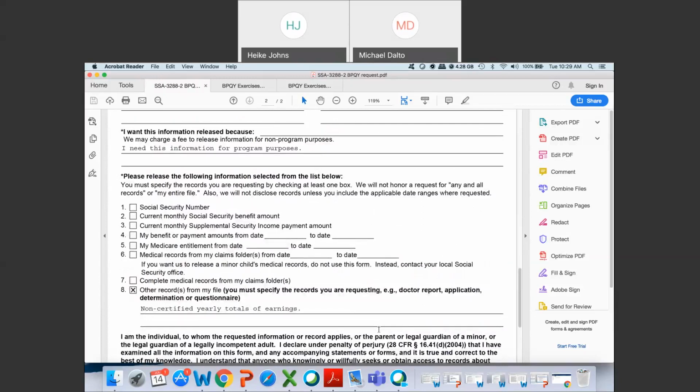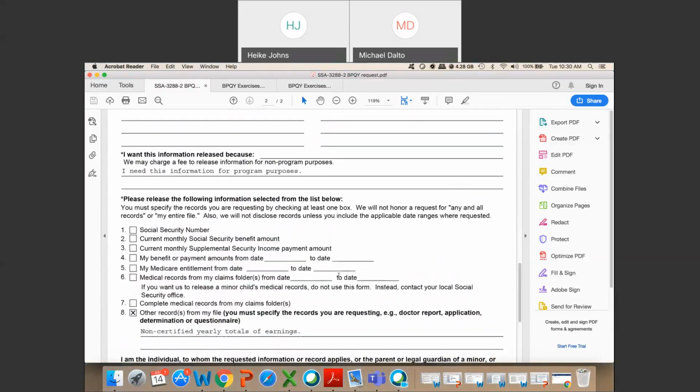date, enter their address and their daytime phone number at the bottom. So why do you need the two different versions? The first version we looked at provides consent by the individual for Social Security to release information that belongs to them, their data. The second version, the one we're viewing now, allows the release of information from the IRS.